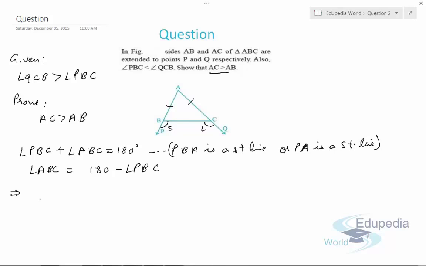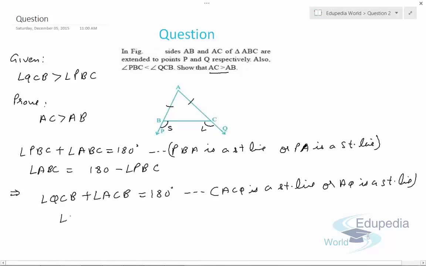Similarly, angle QCB plus angle ACB equals 180 degrees, because ACQ is a straight line. So angle ACB equals 180 minus angle QCB. Let's say this is equation 1 and this is equation 2. Watch this part of the video very carefully, because it's very important.